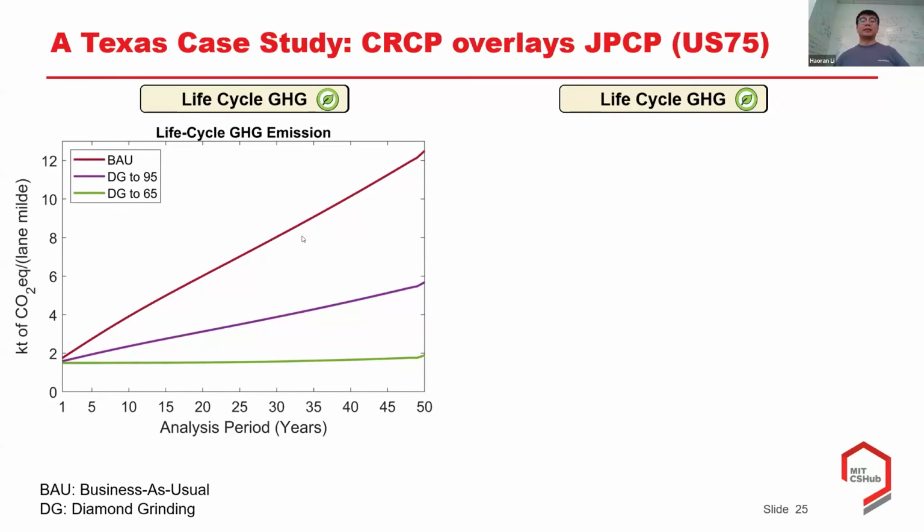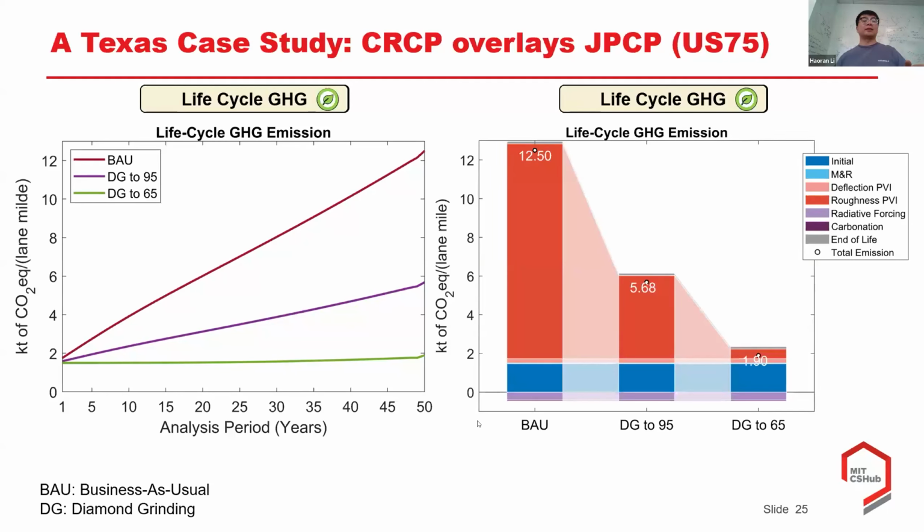But we're suggesting that if they can do some early age grinding to different levels, for example, the purple will be ground to 70 to 95 inch per mile, or the green line to a more aggressive 65, you can see how much greenhouse gas emissions we could save from the BAU scenario, about 12.5 to 5.7 to even 1.9, which significantly contributes to the roughness PVI in the given case study, indicating the M&R improvement for the pavement surface as well as the use phase emissions.